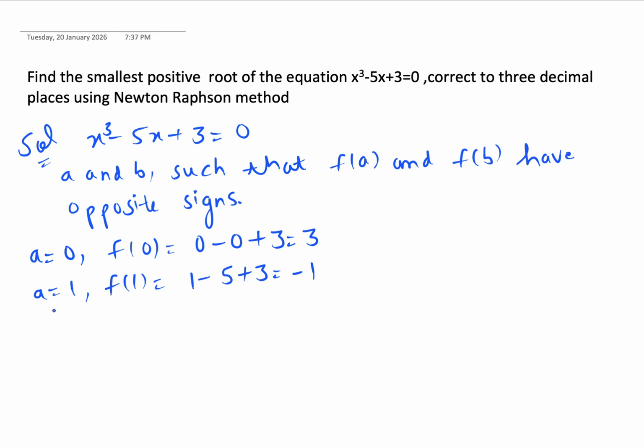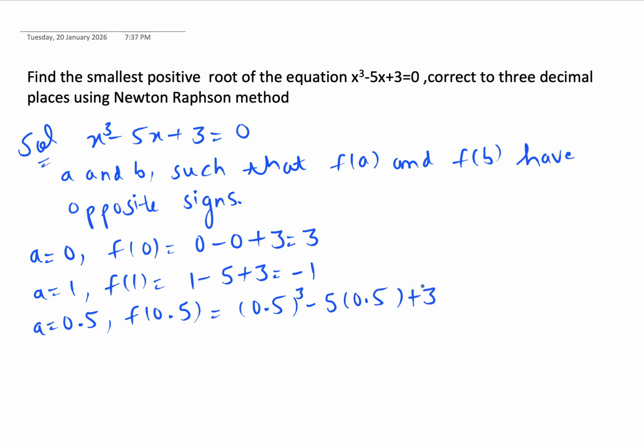Okay, we have got the values f(a) and f(b), which already have opposite signs, but let me find out some more values that will be much closer to 0. So if I try a equals 0.5, let me find out f of 0.5. This will be 0.5 cube minus 5 times 0.5 plus 3.